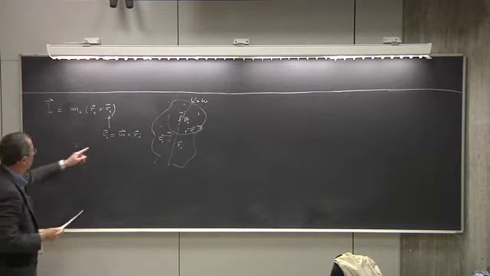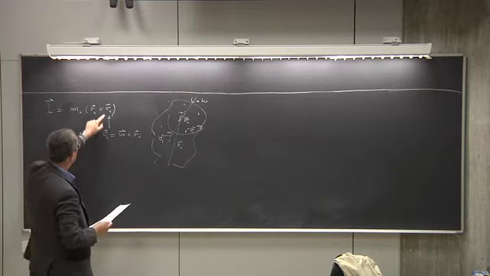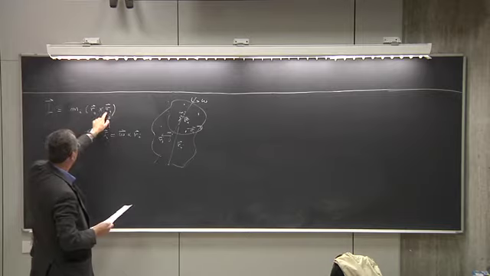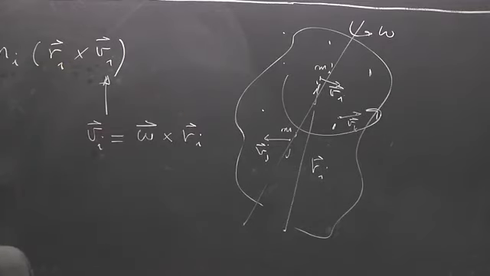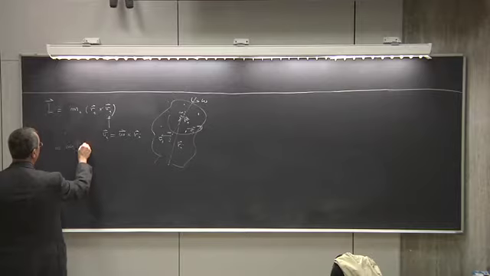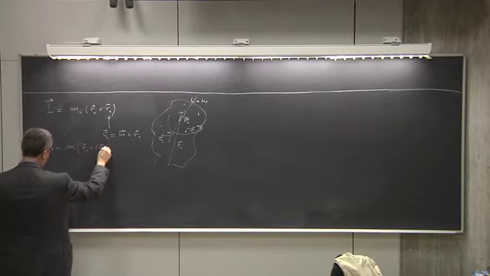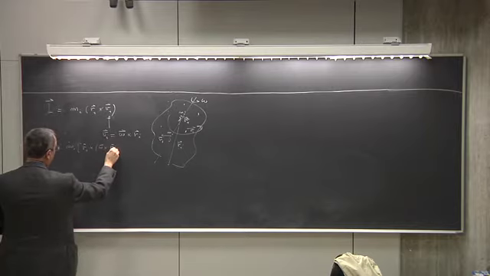So if you implement this, that is characteristic of the rigid body, then you have here a triple cross product. You remember that, so let me rewrite this. So you have the sum over m_i, then you have r_i cross omega cross r_i again, right?